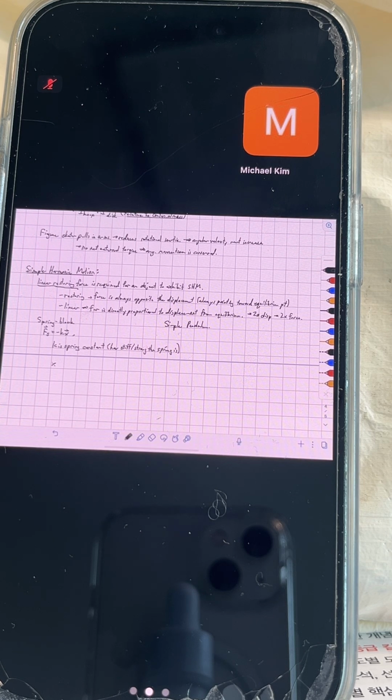Right. x, this is our displacement from equilibrium. So for a horizontal case, this is just kind of how much the spring is stretched or compressed.